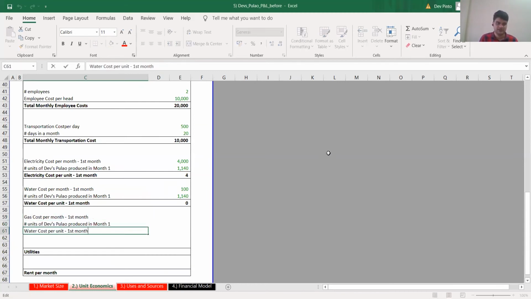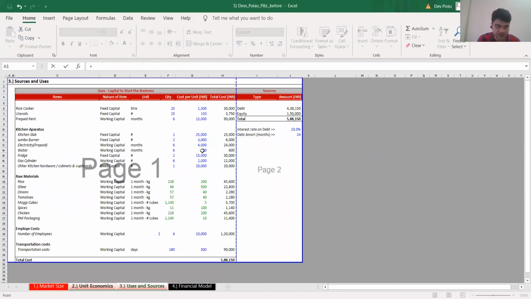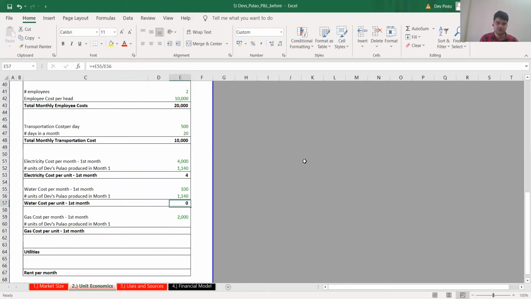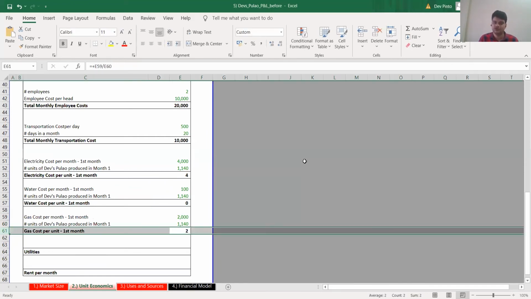Gas: 2000 and 140 units, divided by this. So this is giving me the unit cost to produce 1 unit of Dave's Pulao in the first month.